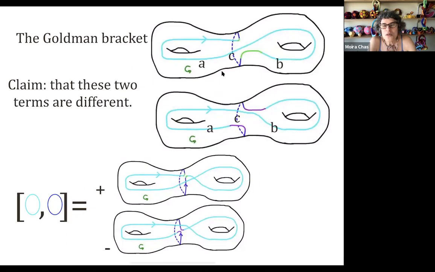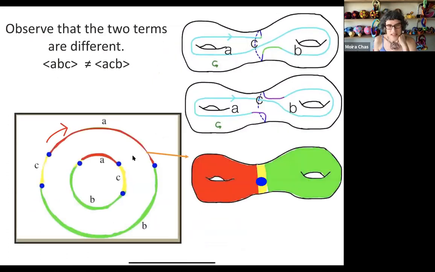I'm going to give you a little sketch of the proof. If I call this loop A, and this loop C, and this B, then this one is ACB and this one is ABC. What I should prove is that the conjugacy class of one is different from the conjugacy class of the other, if the claim is true.